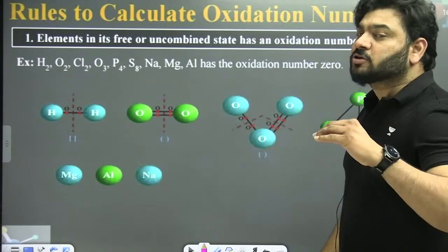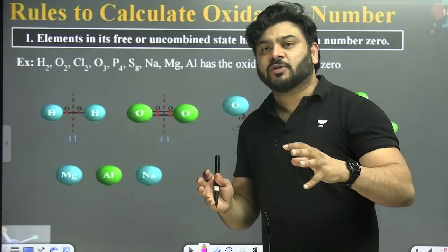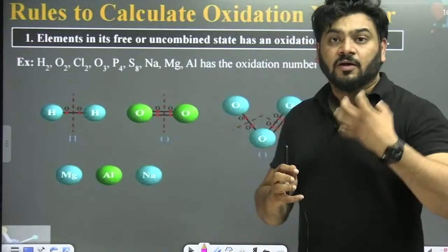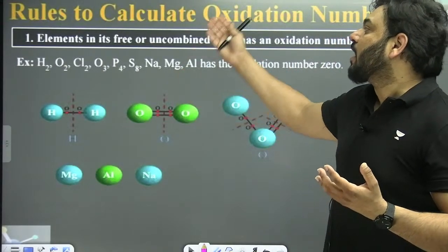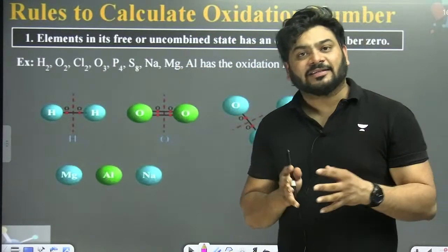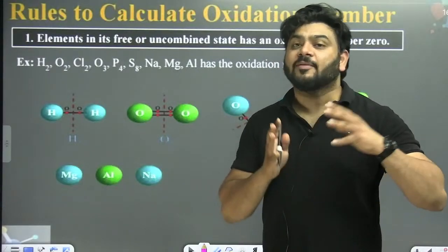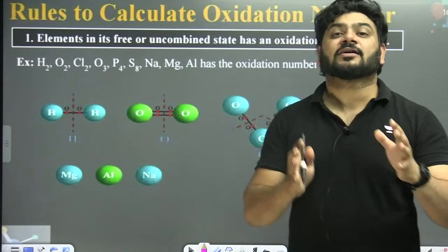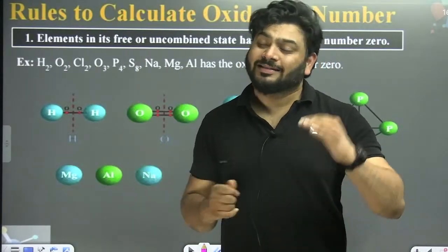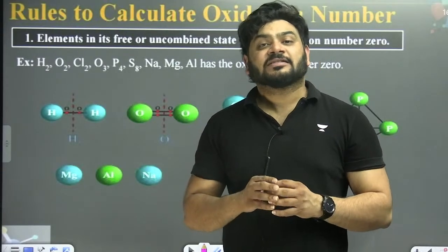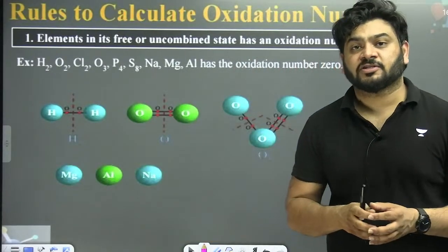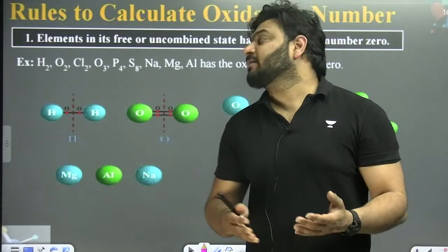So some rules we have to follow and apply so that we can get an idea of the oxidation states of many elements. Number 1 says that if elements are existing in their free state or in their elemental form, not in a combined or compound form, they are said to have an oxidation state of 0. Let us take this idea.